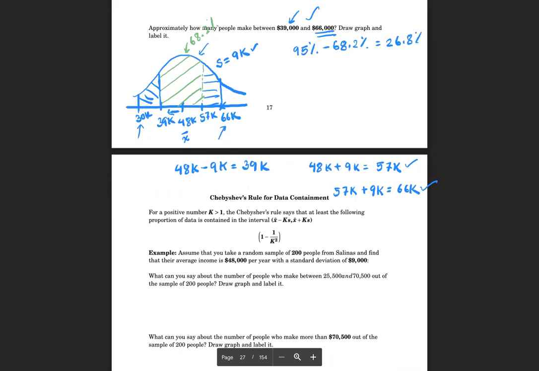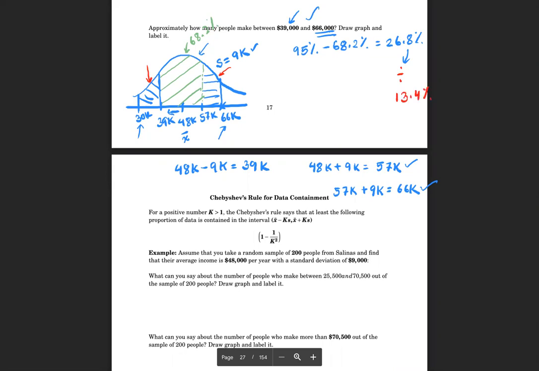But that 26.8% has to be divided into two, right? Half of it is going to be this little blue portion, and half of it is going to be this little blue portion. If you divide it by 2, that's going to give you 13.4%.